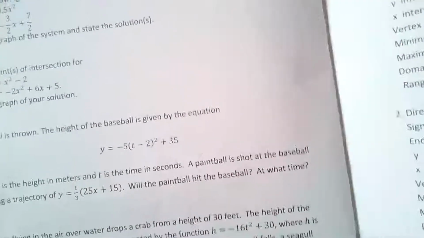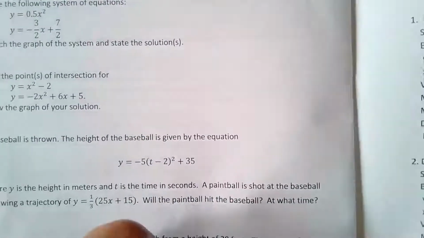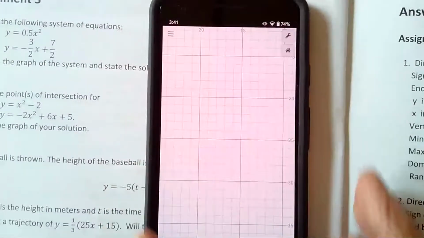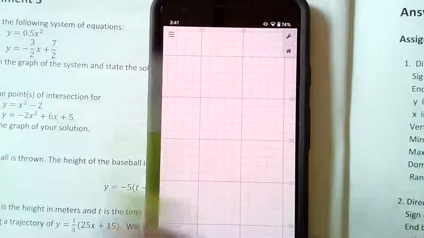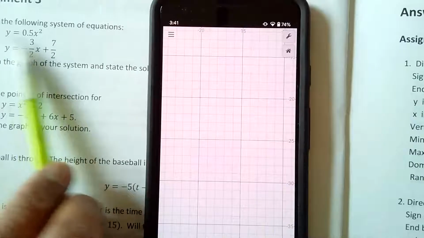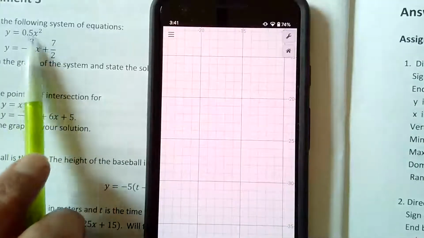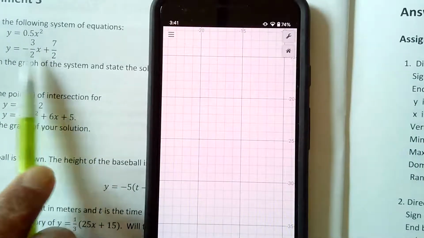Okay, I'm just going to try one to show you how it works in Desmos. Let's go to Desmos here. Look at the first one. Here we have 2 systems of equations. That's a quadratic, and this is a straight line.